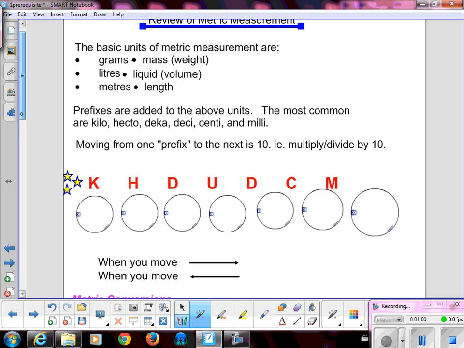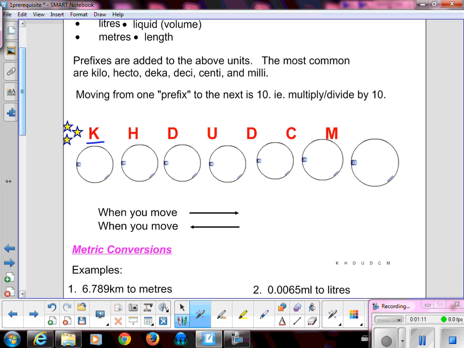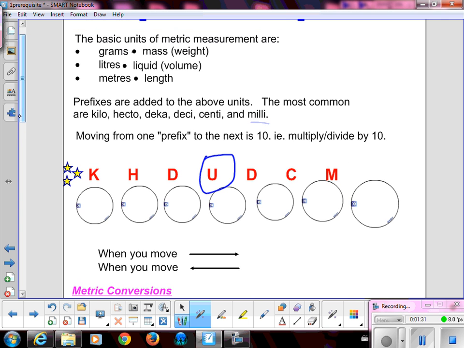Now, what I have here in red are the first letter of each one of the prefixes. So deca, D, notice U, we'll have to talk about that one, D, deci, C, centi, and M for milli. Now the U is actually the unit. So the unit has to do with whether I'm talking about grams, liters, or meters.